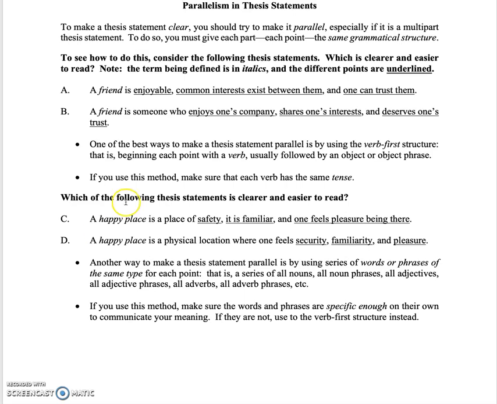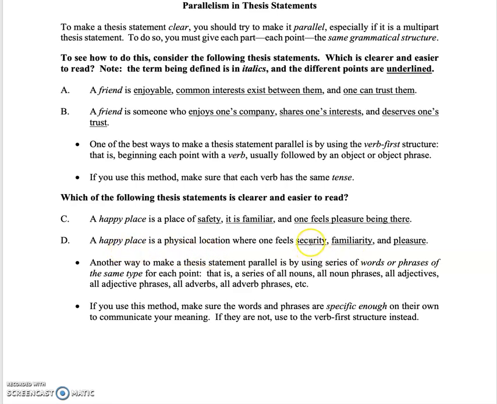All right, so C, if you look at the different parts that are underlined, you have a one-word structure here, then you have a little clause here, an independent clause, and another completely different independent clause. So they're all different, right? And the independent clauses begin with different things, it versus one, and then is familiar, so it ends with a one-word object. This is a different thing, feels pleasure being there, so they're not at all parallel.